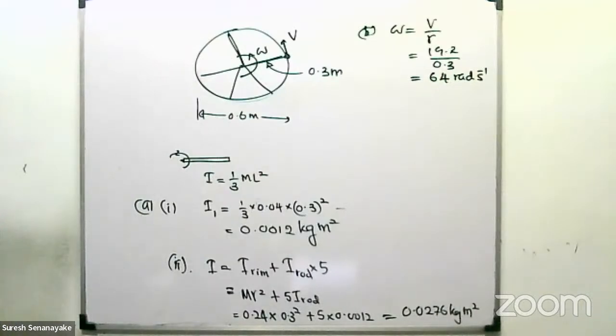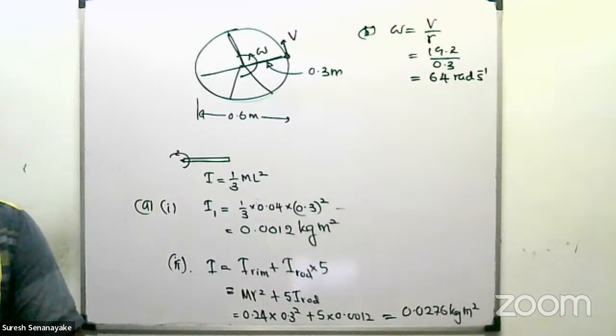And calculate the torque acting, sorry. Second part: the brake is now applied to the rim of the wheel, bringing it uniformly to rest in 6.7 seconds. Calculate the angular acceleration of the wheel.